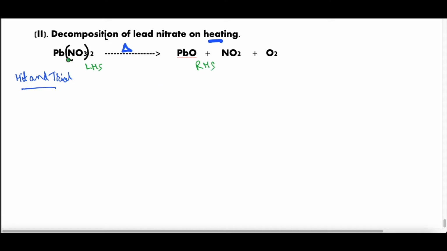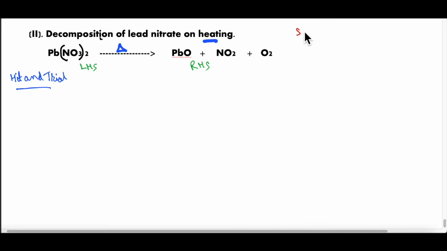Then we have two atoms of nitrogen on the reactant side and one nitrogen atom on the product side. For oxygen, we have 6 atoms on the reactant side and 1 plus 2 plus 2, that is 5 atoms of oxygen on the product side.